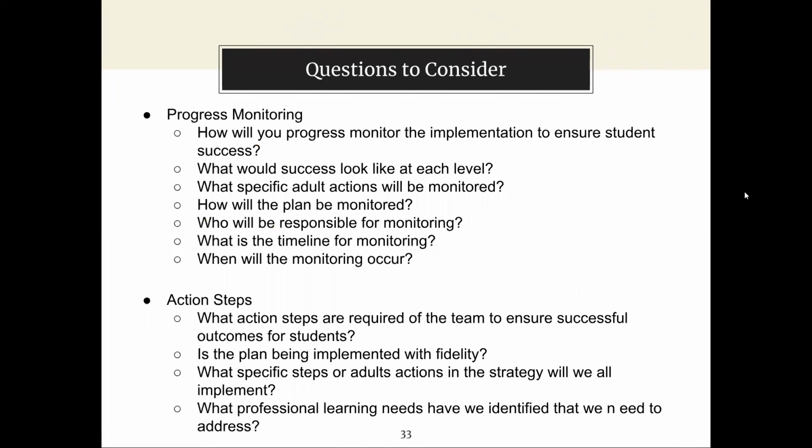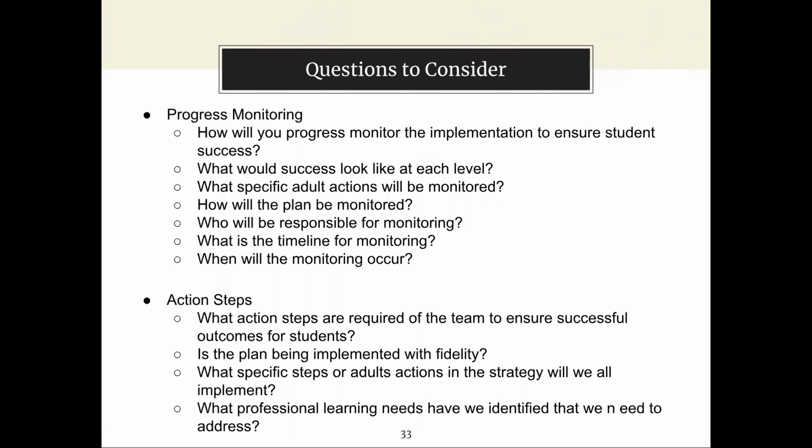Here are some questions to consider as you look more closely at progress monitoring and action steps. For progress monitoring, how will you progress monitor the implementation to ensure student success? What would success look like at each level? What specific adult actions will be monitored, and how will the plan be monitored? Who will be responsible for monitoring?